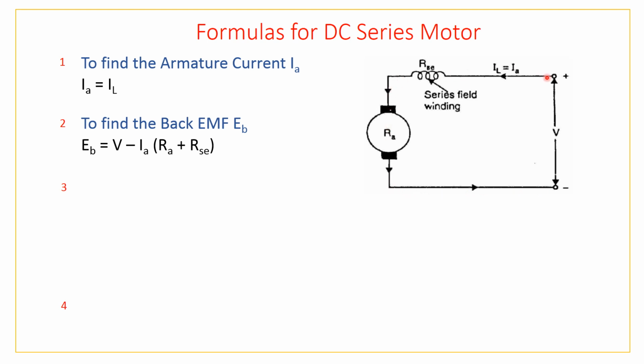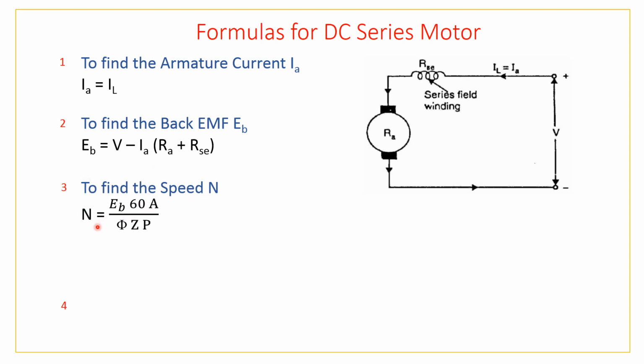Now here you can see that RSC will also come under the KVL loop, right? So RA and RSC are in series. Therefore RA plus RSC and the current flowing through them is IA. Therefore whenever you apply the KVL to this loop, you will get EB is equal to V minus IA into RA plus RSC.